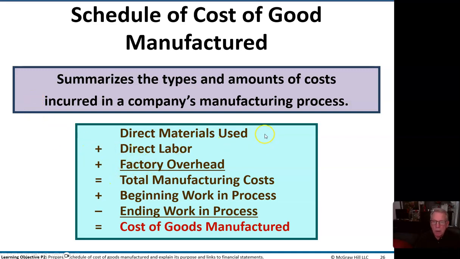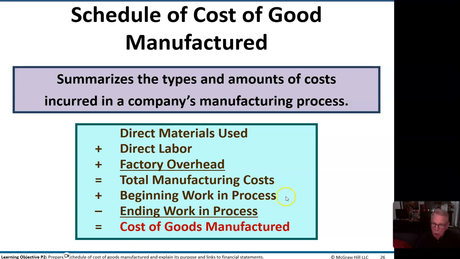So we pick up the direct materials used, the direct labor that we use, and the factory overhead that we use. And that factory overhead includes things like utilities and rent and those kinds of things, but also indirect materials and indirect labor. And that is the total manufacturing costs.